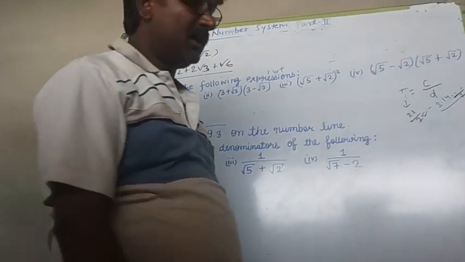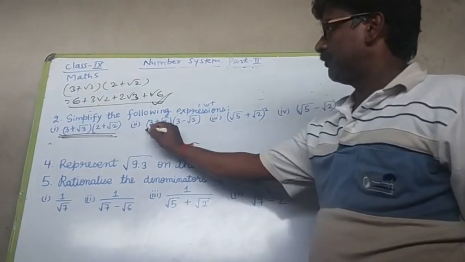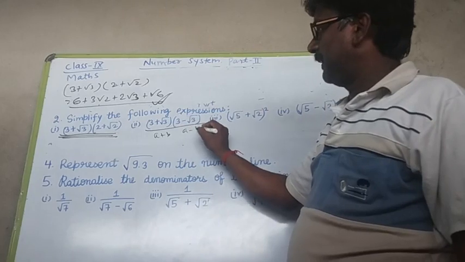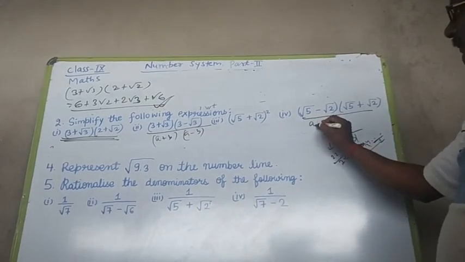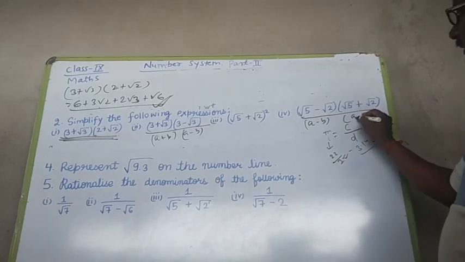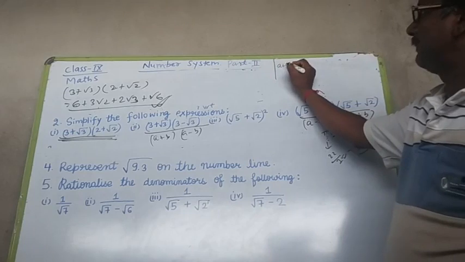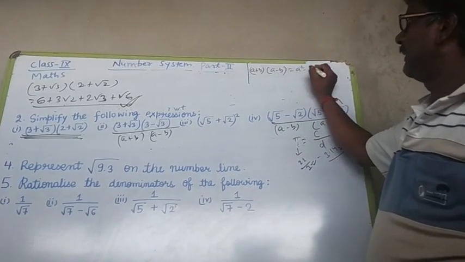So we can say this one is the simplified form of this number. Also the next question is given in the format a plus b and a minus b, and there is the identity a plus b into a minus b is equal to a square minus b square.